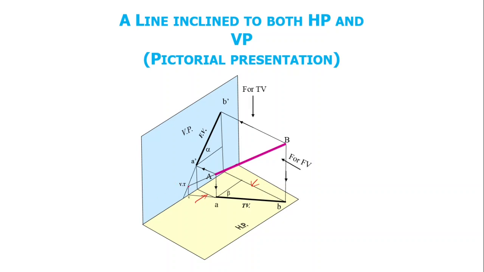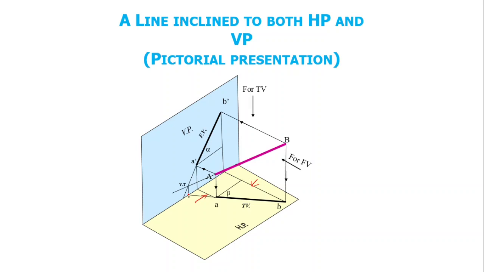Further extension of this true length, the front view is also extended up to the XY line. Whenever the extension of this true length touches HP, at the same time the front view touches the XY line.